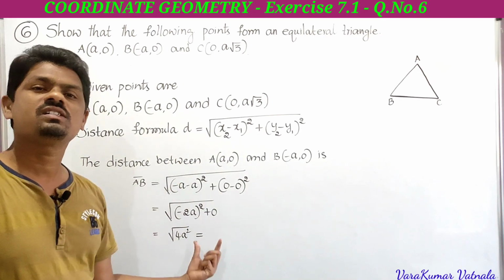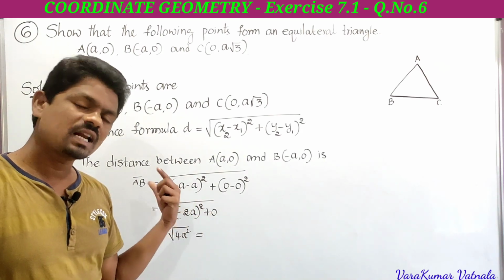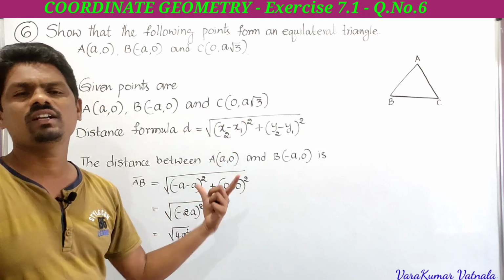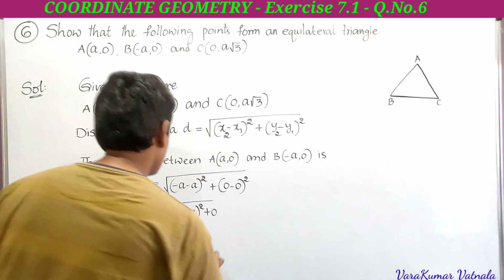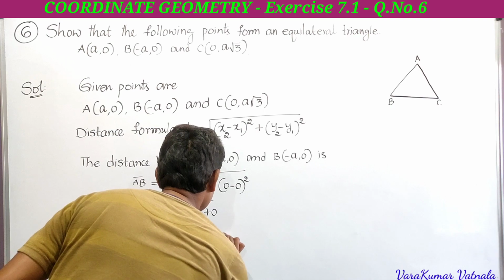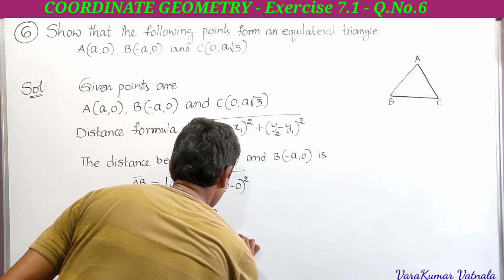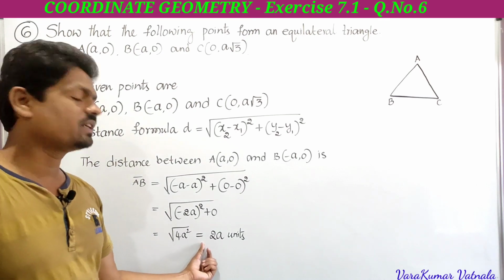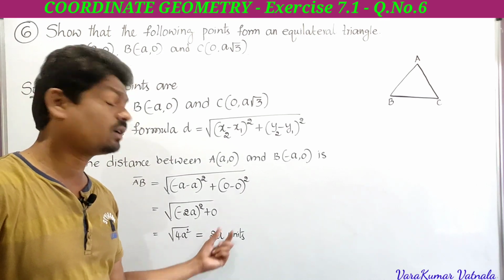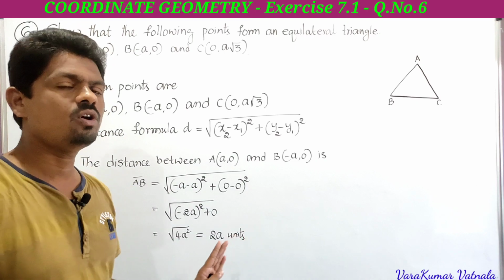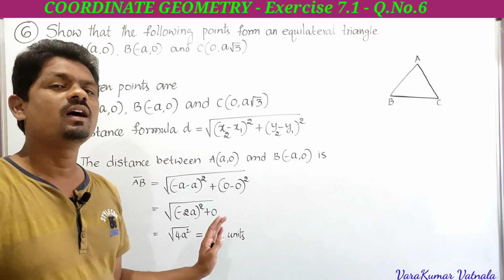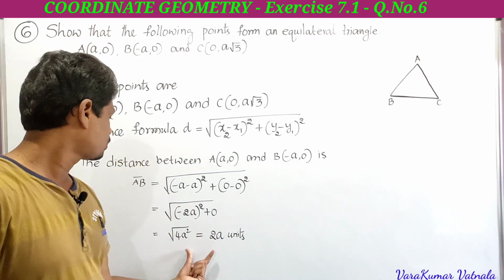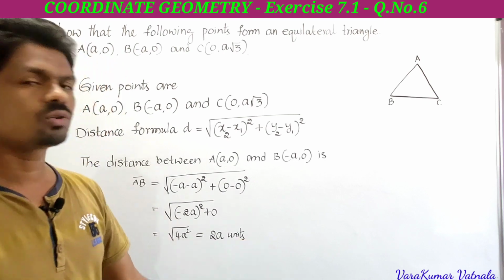Since it is a distance, the length of the side, we have to take the positive value only. So AB is equal to 2a units.